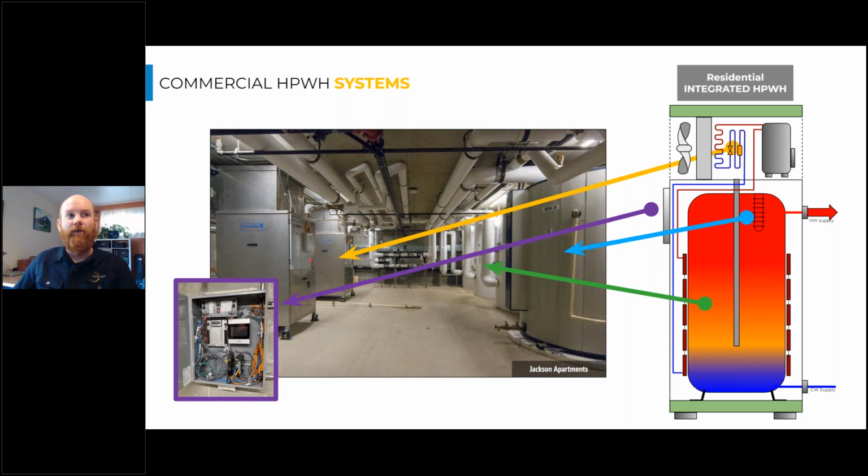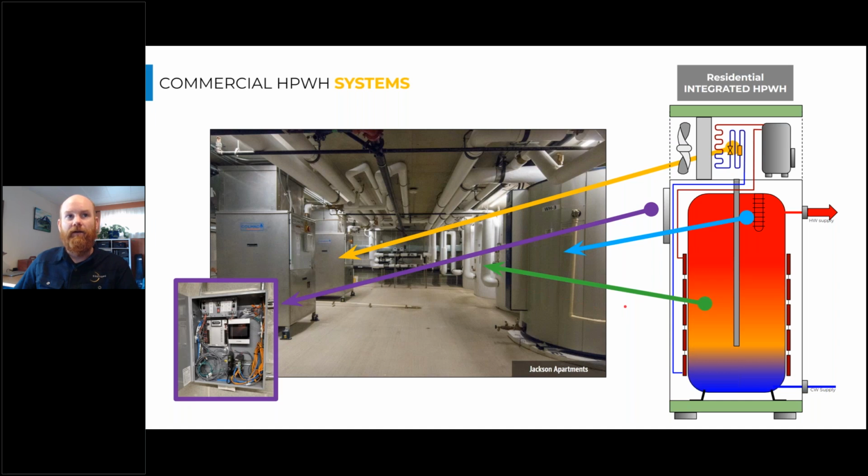And so although it's one of our components, there's a few options there for making this system function reliably and efficiently in multiple buildings. But that control system is communicating typically with the storage tanks to turn on and turn off based on the domestic water load in the building.